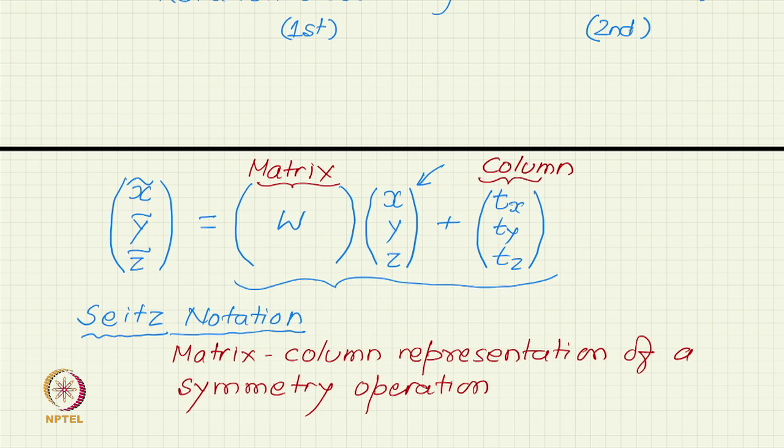So, now we are talking about the position of a point in space. So, x y z is the original point, and x tilde, y tilde and z tilde is the transformed point.